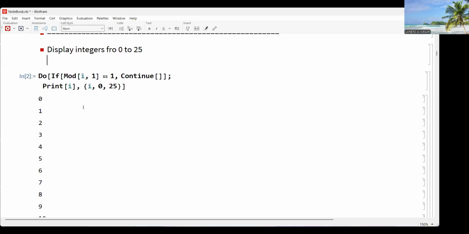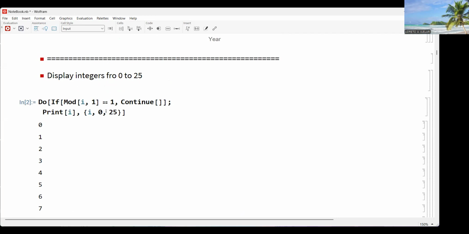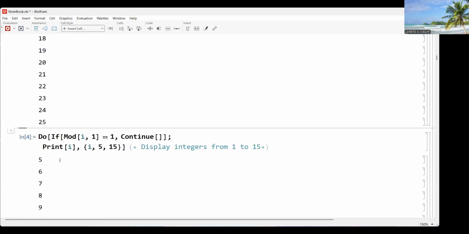Okay, so we are going to display the years from 0 to 25 here. So we have from 0 to 25. If we want to print the years from 10 to 25, we use this, so 10 to 25.